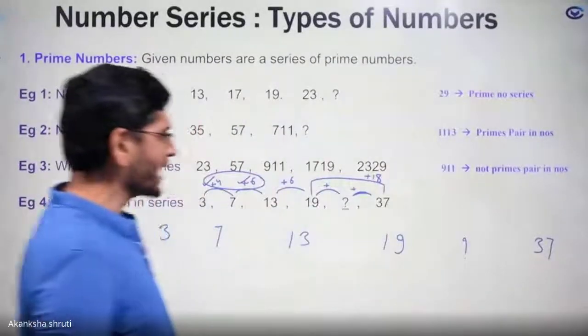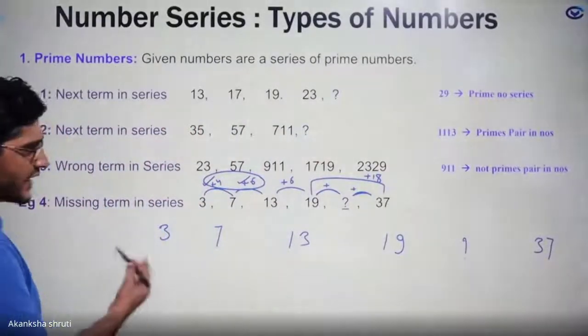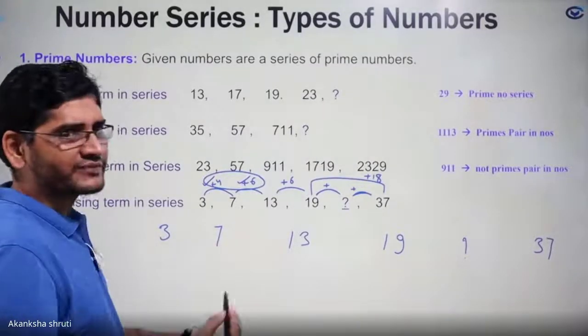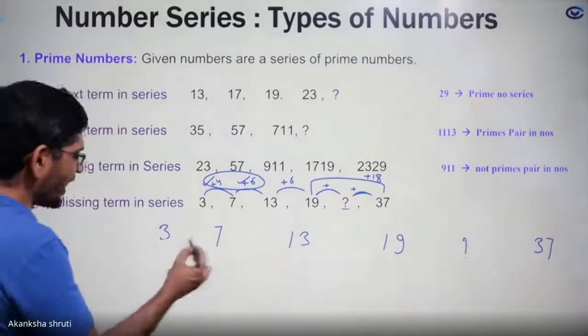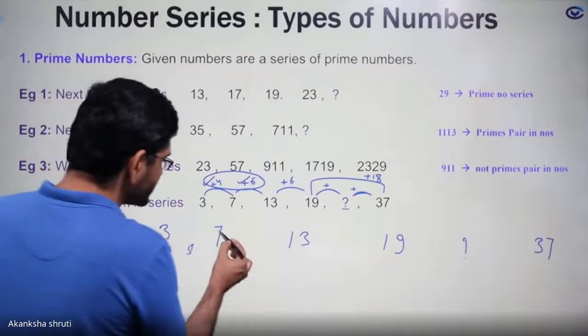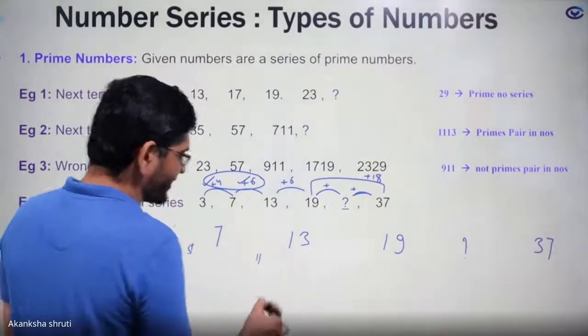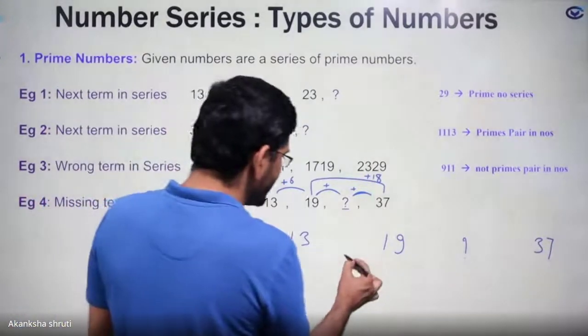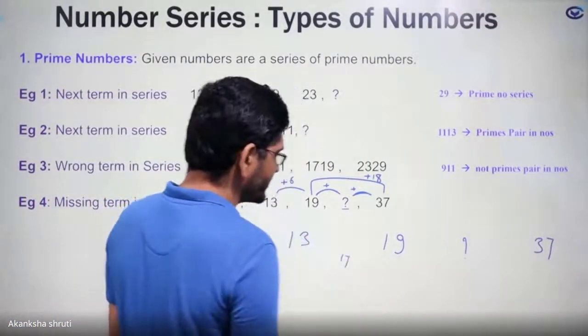Though these are prime, we have to determine whether they are consecutive primes, means one after another. Students, after this 3 we have 5, after this 7 we have 11, and after this 13 we have 17.